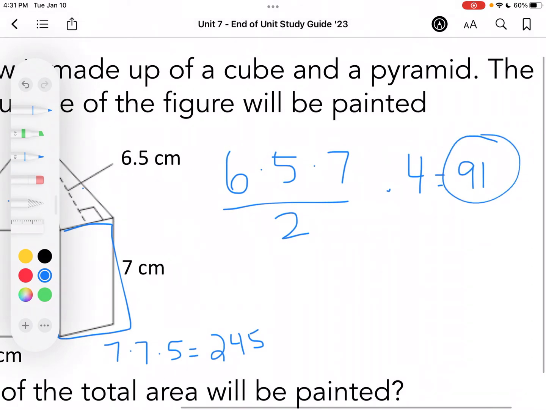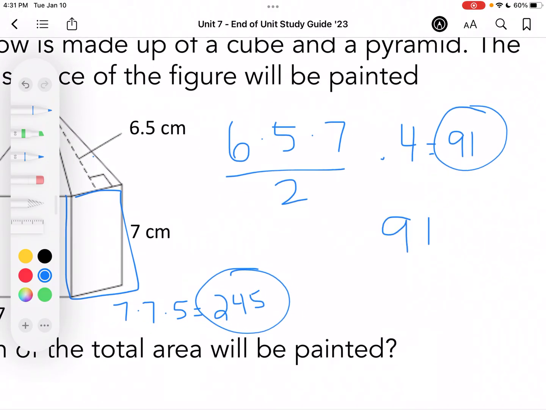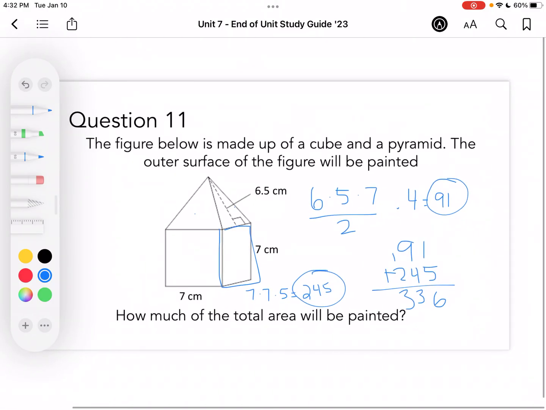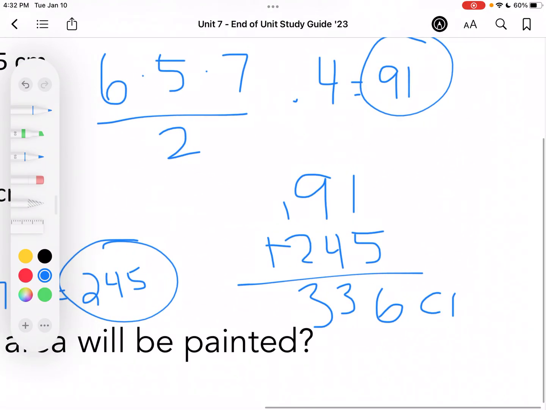So I'm going to add these two numbers together. So 91 plus 245. And I get 336 centimeters squared.